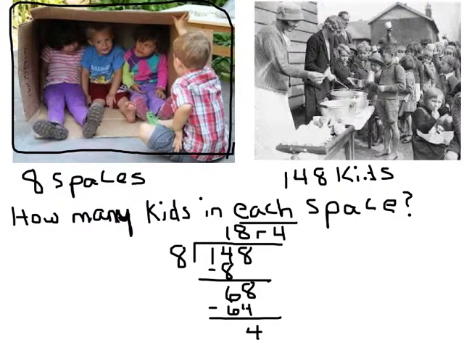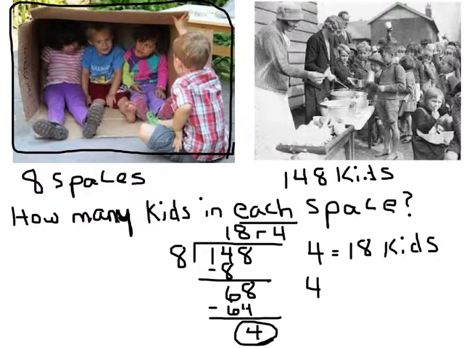If I only have 8 spaces, then in 4 of those I'm going to have 18 kids, and in the other 4, I'm going to have to distribute these 4 leftover children.